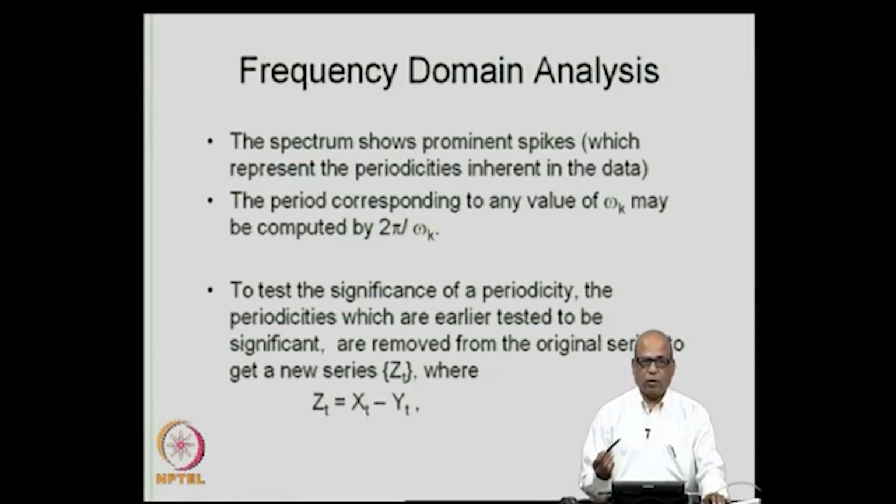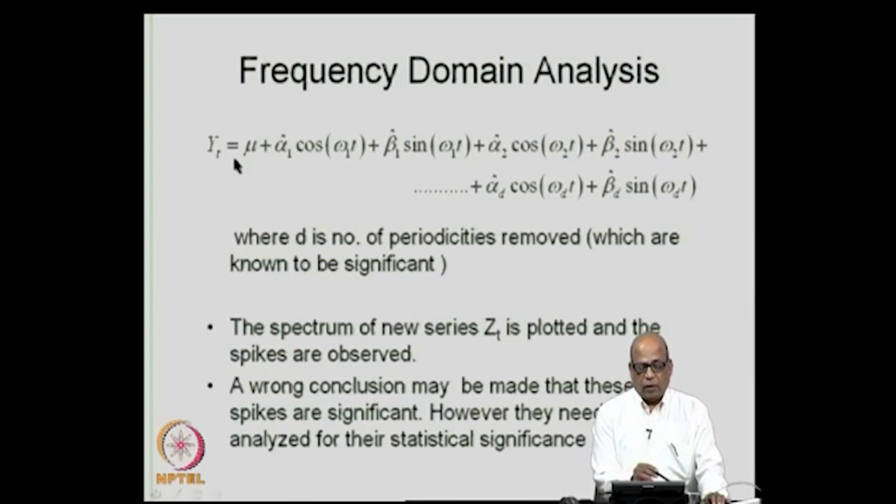Typically, in hydrologic applications we remove one periodicity, two periodicities, 3 periodicities and so on, not more than that. So, we construct this series y t and reconstruct our x t, and the spectrum of the new series z t is plotted and the spikes are again observed. Now, when you reconstruct this, typically we again see some prominent spikes.